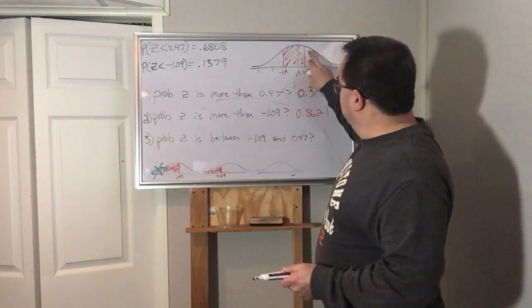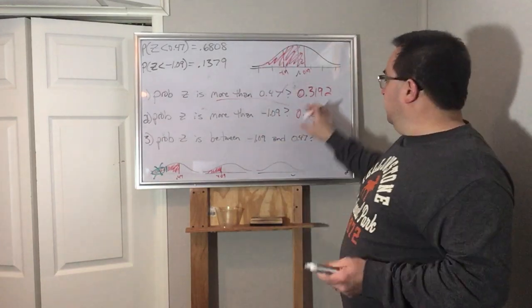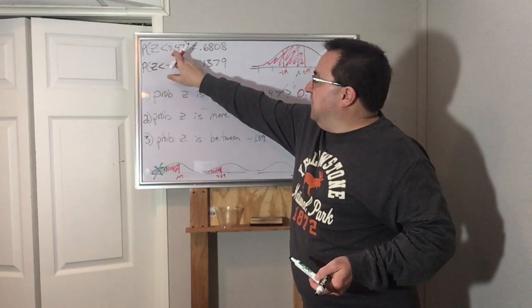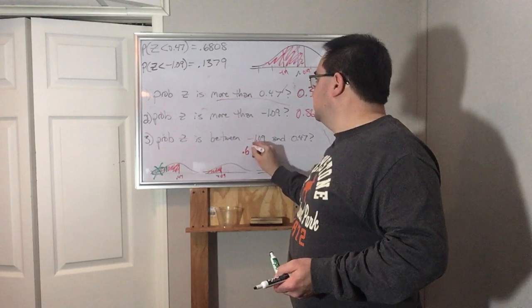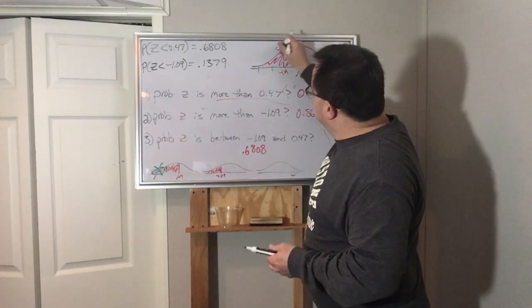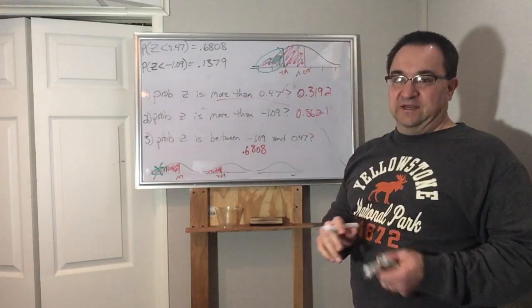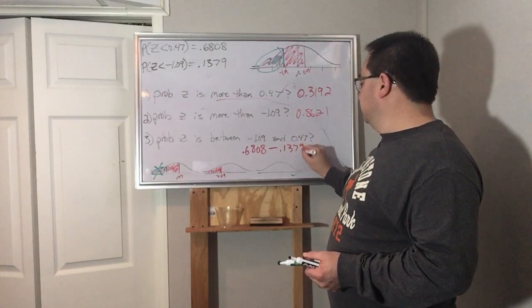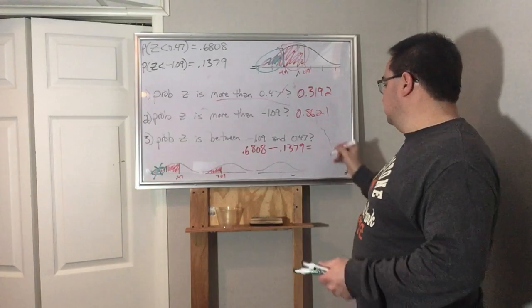If I take all of this, which is the stuff to the left of or less than 0.47, 0.6808, and if I take away the stuff to the left of minus 1.09, what is left would be the part in question.